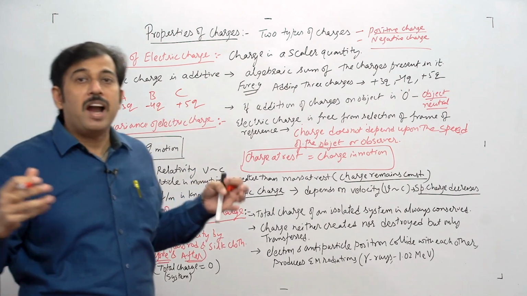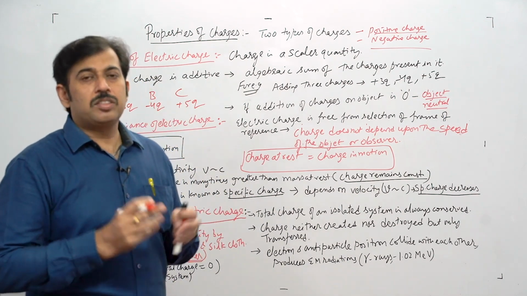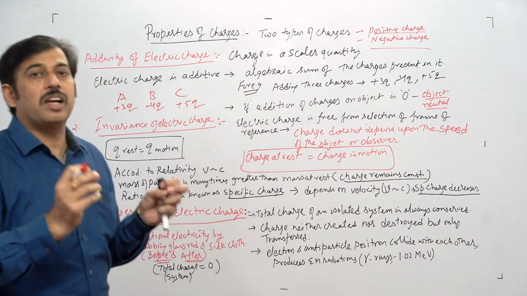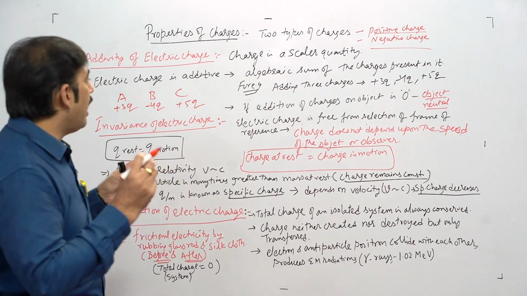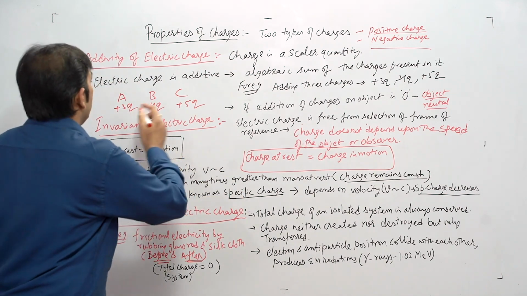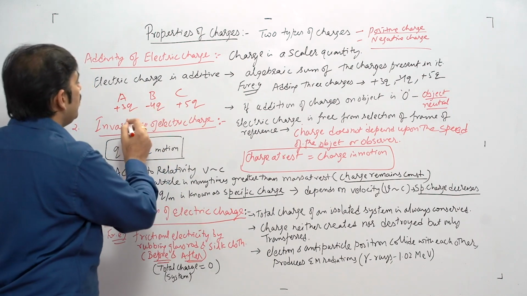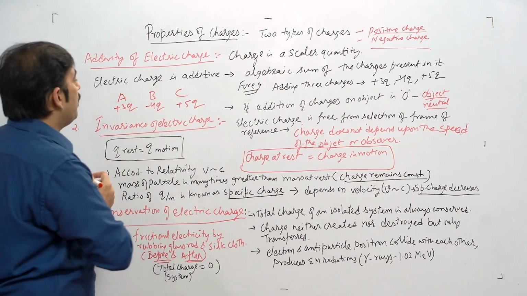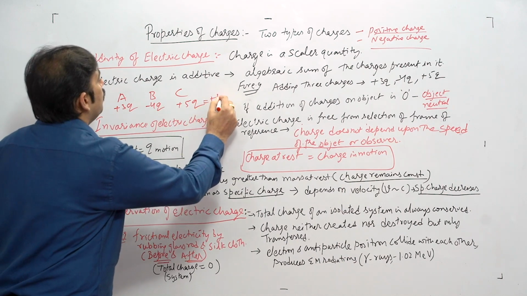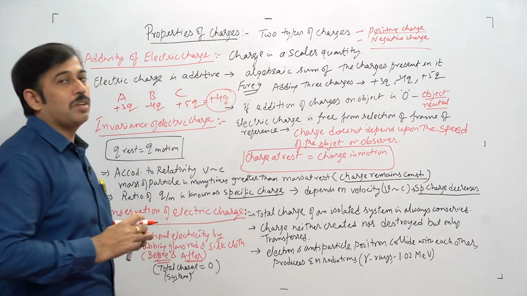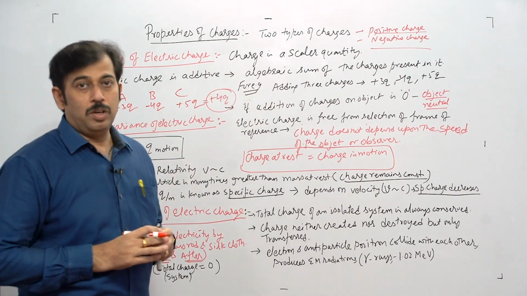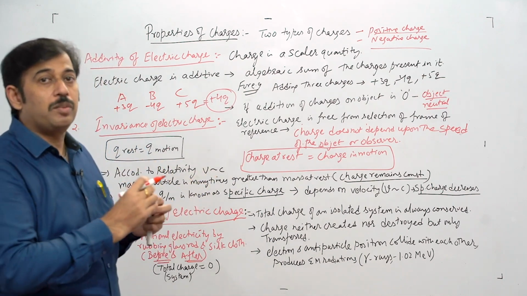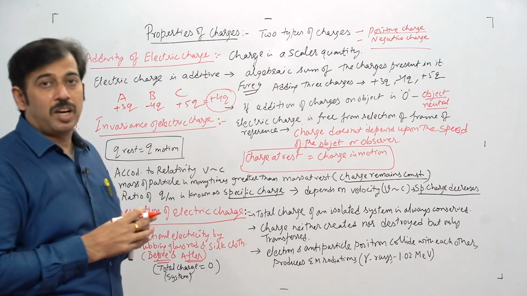If we need to add the charges together, simple mathematics is involved, which is the algebraic sum of these charges. So plus 3q minus 4q and plus 5q will give you plus 4q. That means the total charge of the system will be plus 4q. This is one of the simplest ways to understand the additivity process in the case of charge.